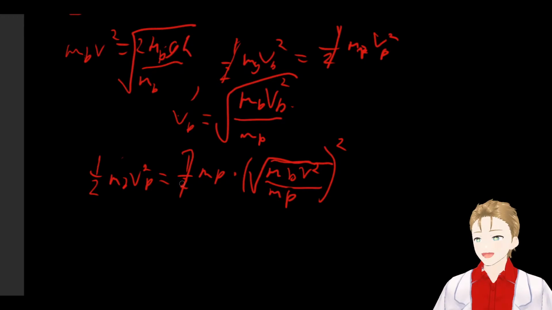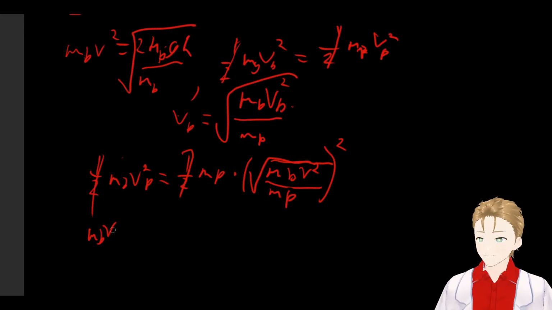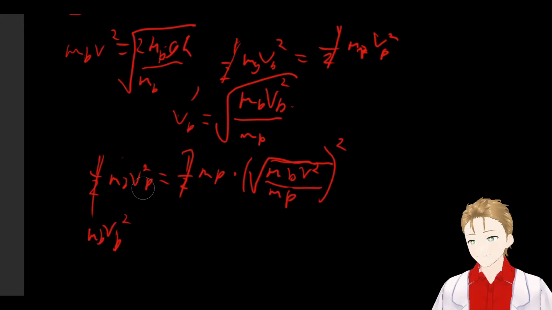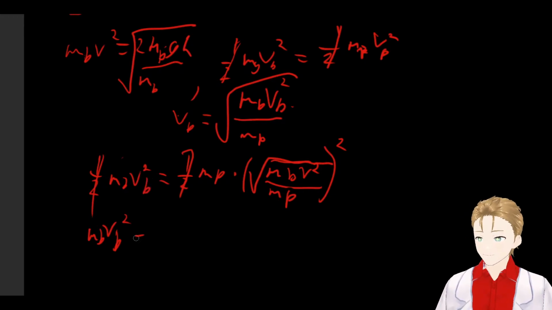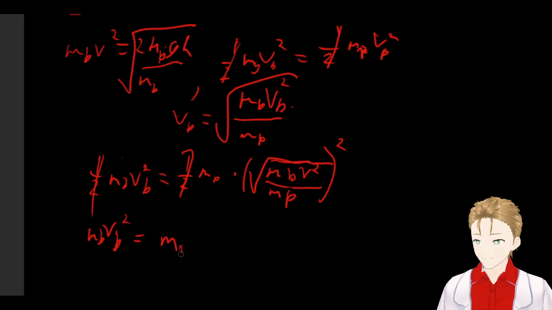Well, first of all, I think we get rid of those. Then we get v_b squared. Actually, this is supposed to be bullet, pendulum. I should make those smaller, but they don't look like variables.